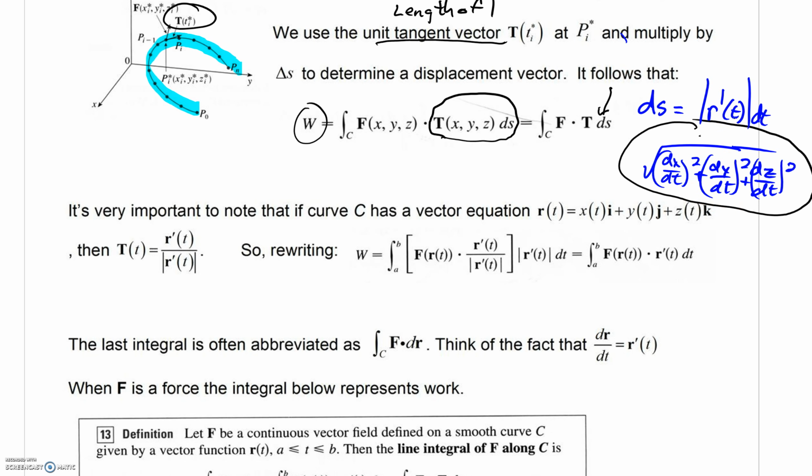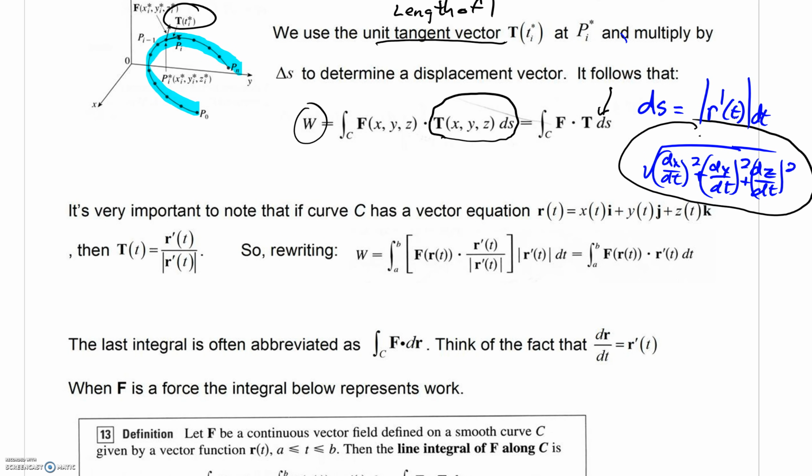If r is the position vector, we take our derivatives dx/dt, dy/dt, and dz/dt, find that length with the Pythagorean theorem, and that can be very helpful as we look at this integral in a different way.